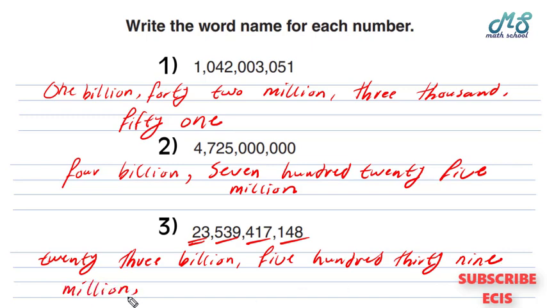How many thousands? We have 417 thousand. And you have to say 148.